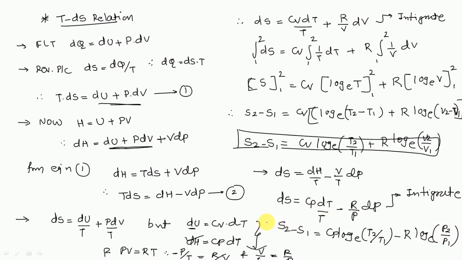So here are the two main equations in form of pressure and temperature, and volume and temperature, of this TdS relation in form of entropy. These two equations are very important, and it is asked in the examination to find out the value of delta S or change in entropy, where the parameters are given. So for solving the examples, these two equations are very important. So remember these two things in your mind.